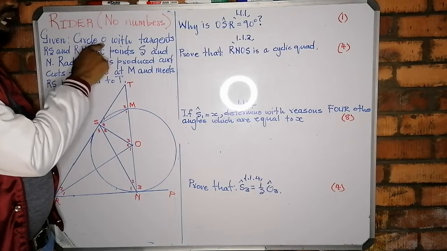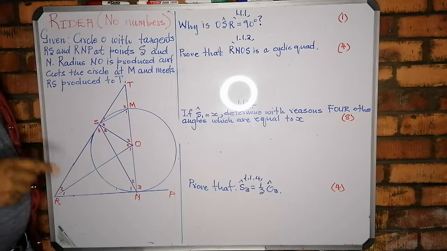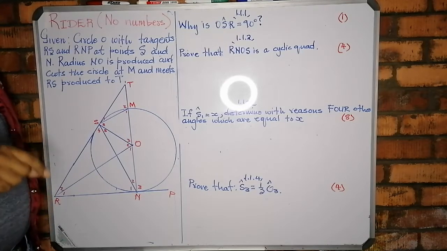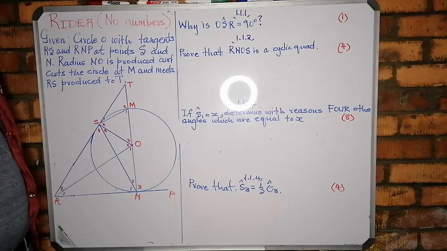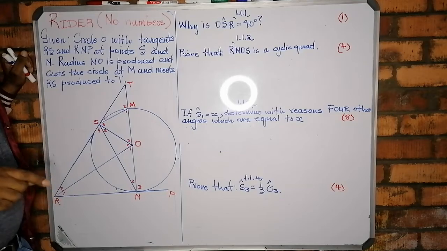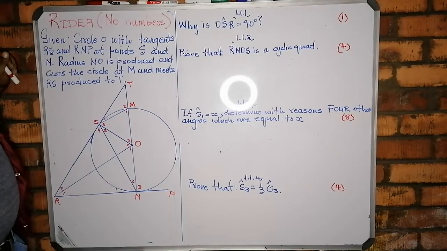When we say circle with center O, you would remember that the angle at the center of the circle is twice the angle on the circumference of a circle, provided they are subtended by the same arc. That is clue number one.